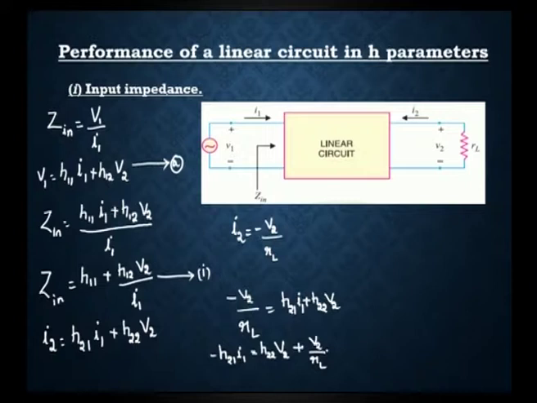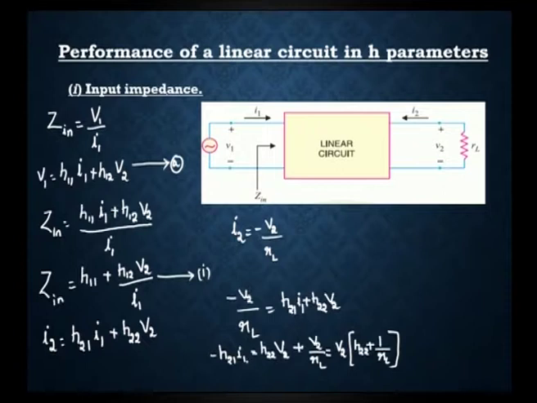Again, by taking V2 common, we can rearrange this as H22 plus 1 divided by RL. From this we can find the V2 and I1 relation.